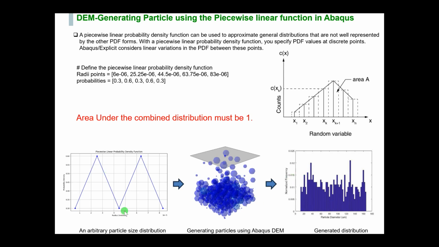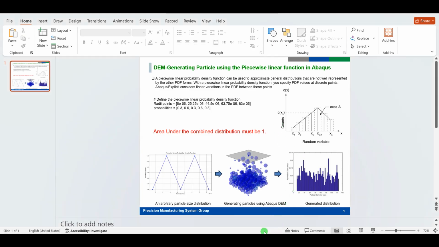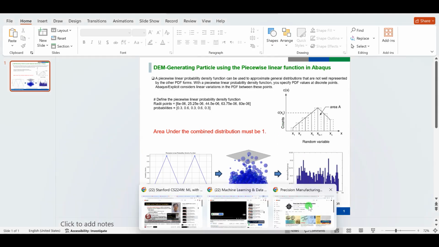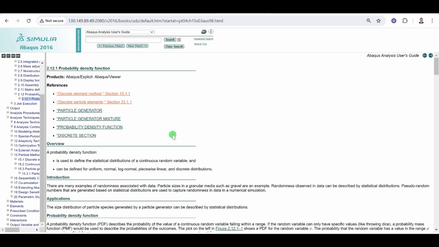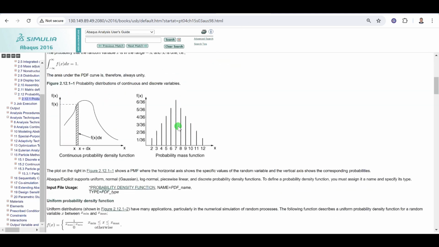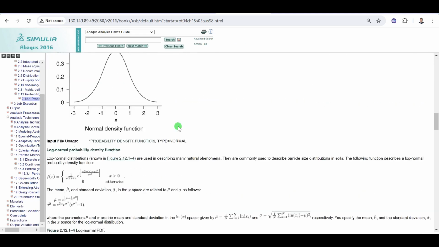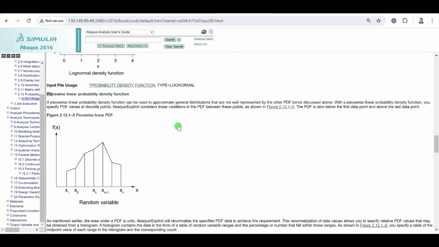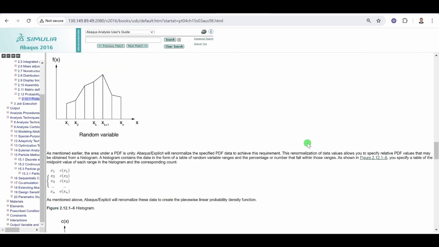It's similar to this arbitrary particle size distribution. If you need more detailed information, you can use the ABAQUS documentation for the DEM method and read this article.